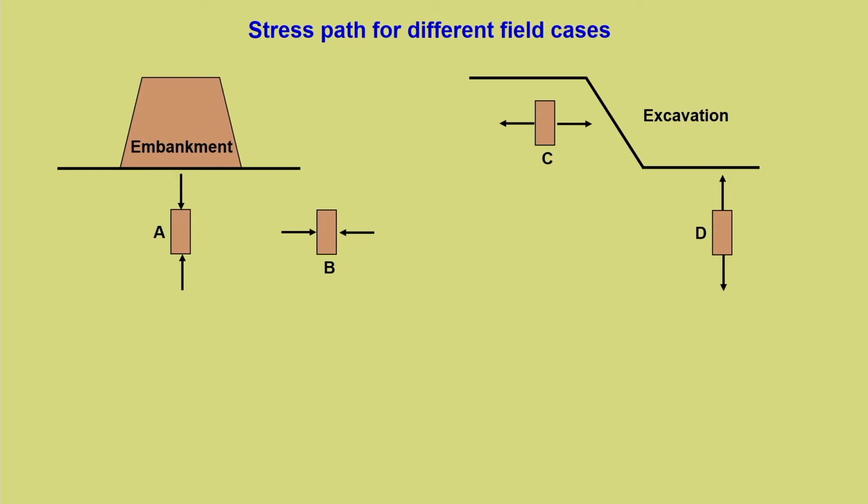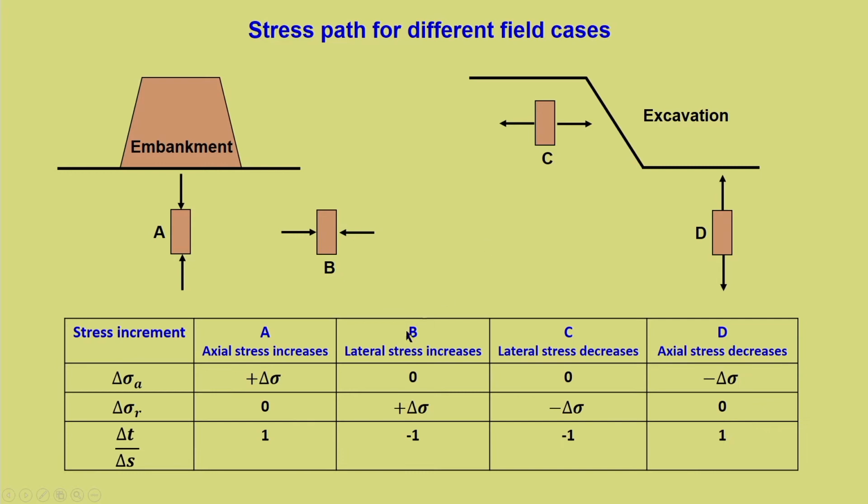Okay, so, let us summarize these cases A, B, C, D into a table. Here, the stress increment, whether it is delta sigma A or delta sigma R, is stated, and once we know delta sigma A and delta sigma R, we can find out delta t by delta s, and now we will be typically using the t-s-s' plot.